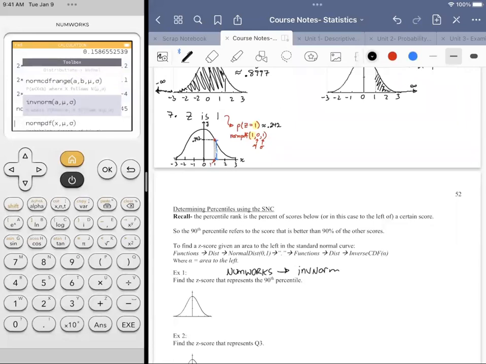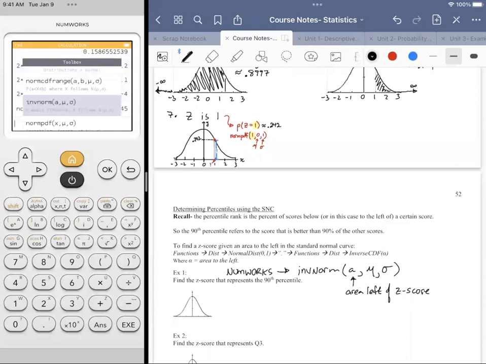So inv_norm, A for area. Now that's particularly area to the left of the given Z-score. All right, and then mu and sigma, because we're working with standard normal curves here, this is still going to be 0 and 1. All right, but we'll get to that in a second.